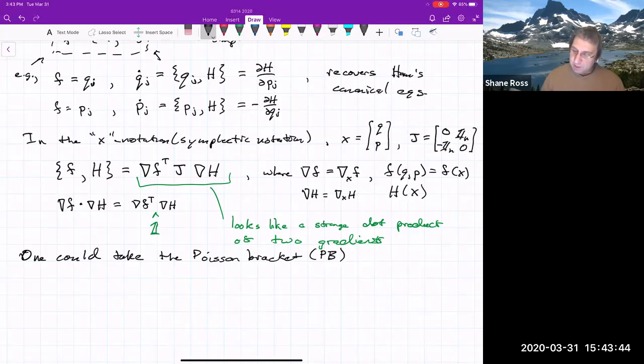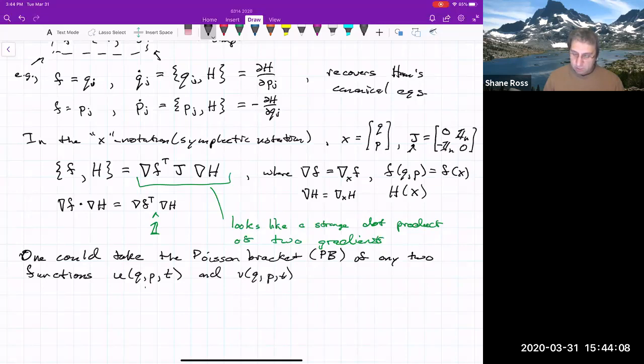And if you remember, here's P, B, and J. It's a joke. Okay. One could take the Poisson bracket of any two functions. Let's call them U of q, p, and t, and V of q, p, and t. And we could equivalently just say this is a function of x and t, or this is a function of x and t.